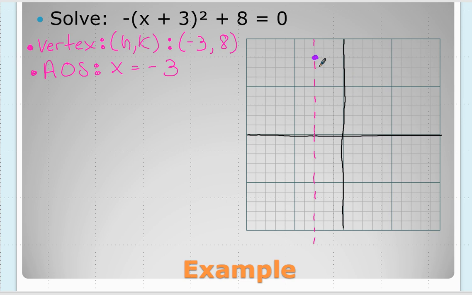That is very far away from my x-intercept. So I just need to start picking points 1 over until I cross my x-axis. So I need to start finding additional points.